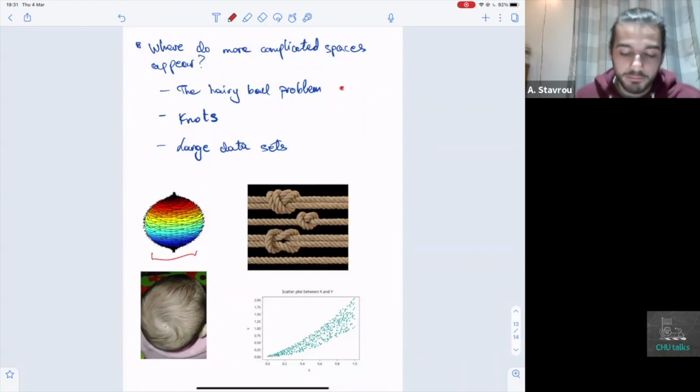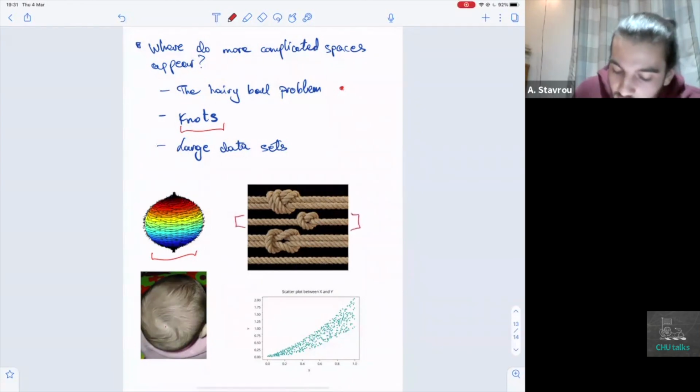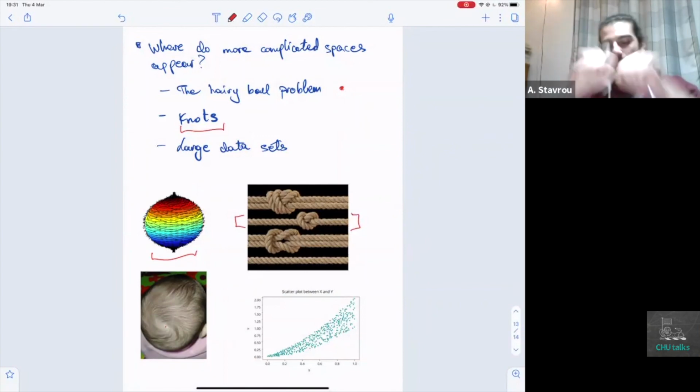Right, another place where this appears is in knots, because the question with a knot, for example, the knot drawn here would be, if I pull this knot, does it get undone, or is it a good knot? And remember that in algebraic topology, we're allowed to pull things.